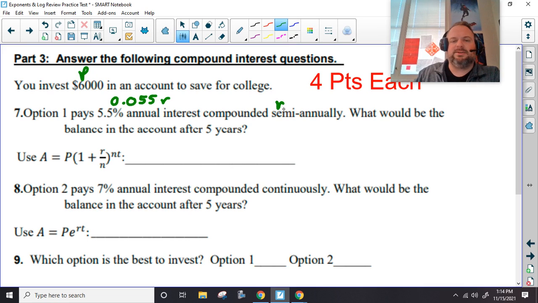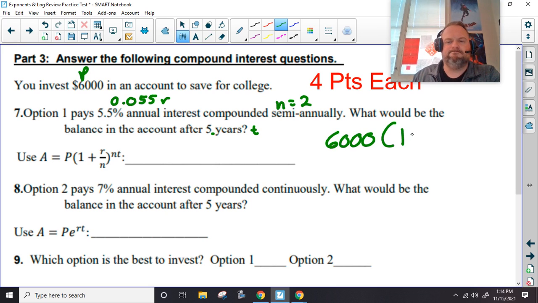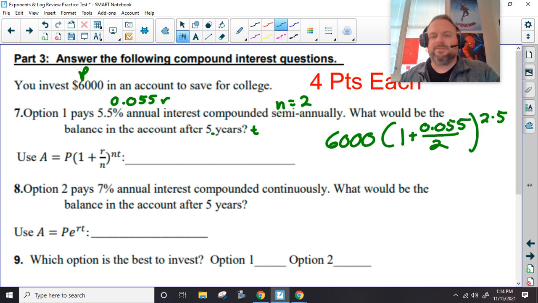Semi-annually, that's our N. This means twice, semi-annually. And then this is our T. So we literally plug it in. 0.055 over 2 times 5. Now, you could do it however you need to.